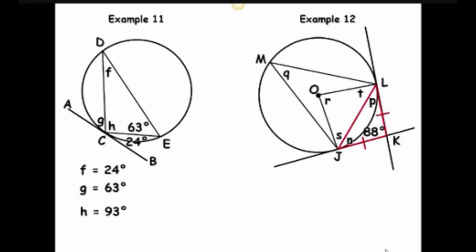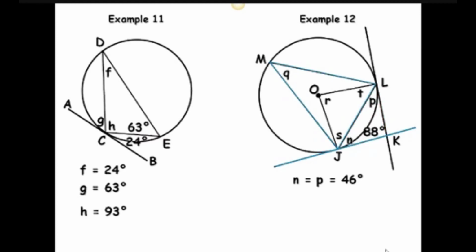Now of course that means the base angles of an isosceles triangle are equal. Well, the base angles are the two which start the equal side, so N and P are the base angles. So if we take 88 away from 180, that leaves us with 92 degrees. Divide that by 2, we've got P and N to be 46 degrees.